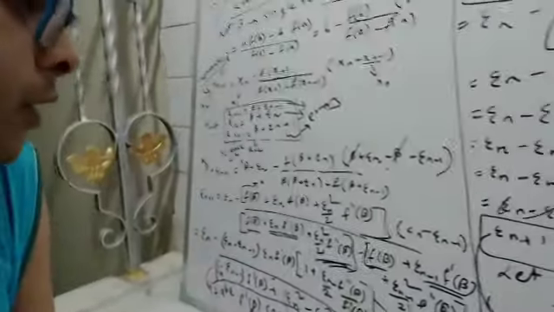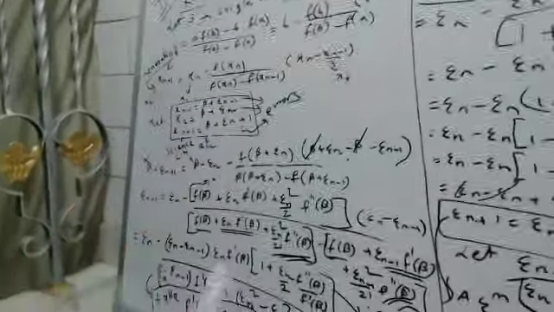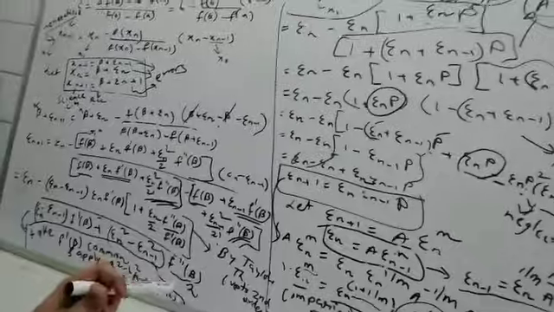This process is a little bit lengthy, so I suggest you do it on your own, following my steps. You need to remember this. This much you need to know about the regular-Falsi method.